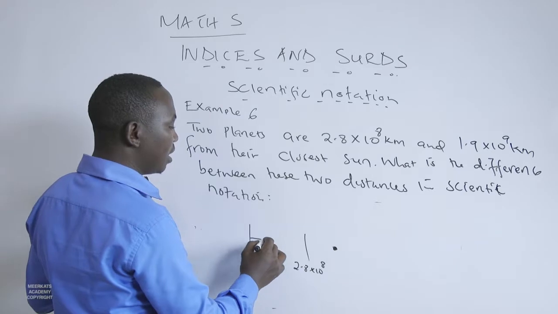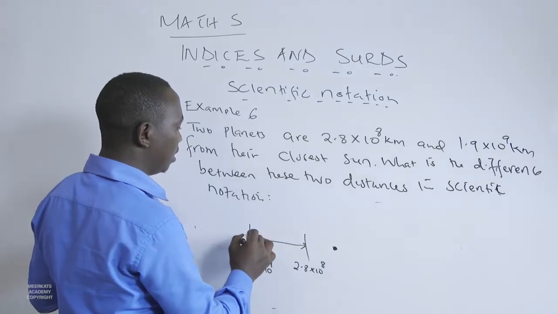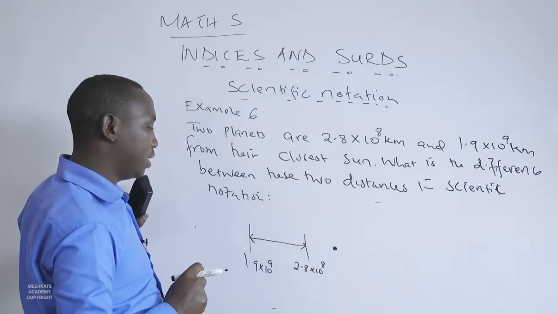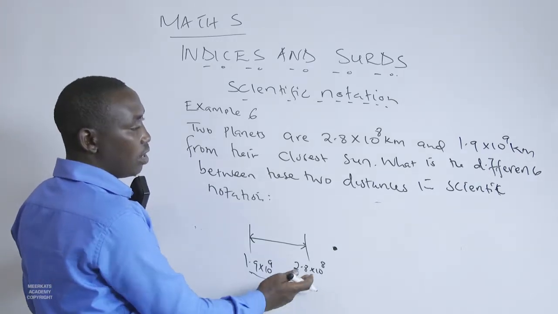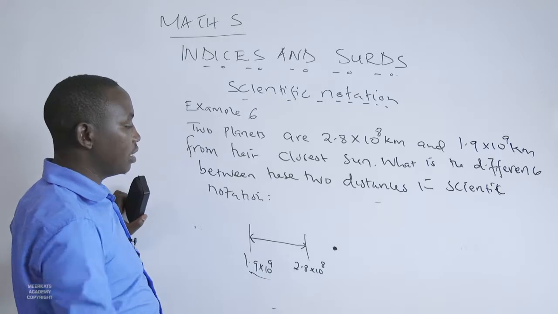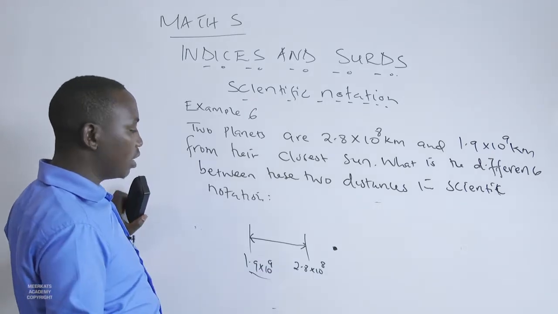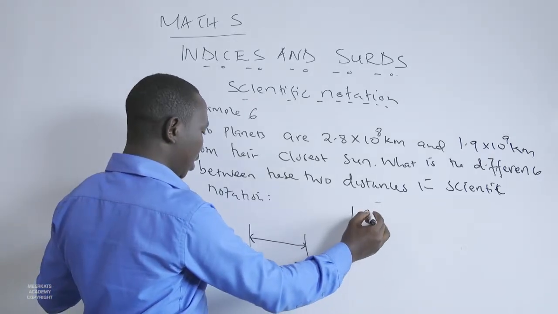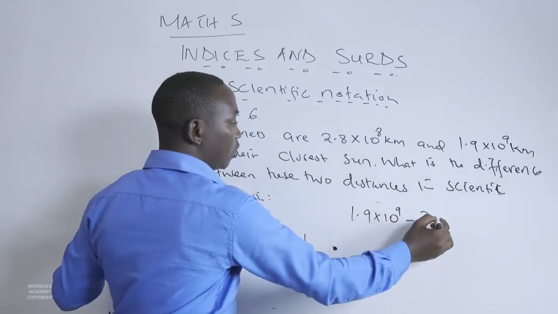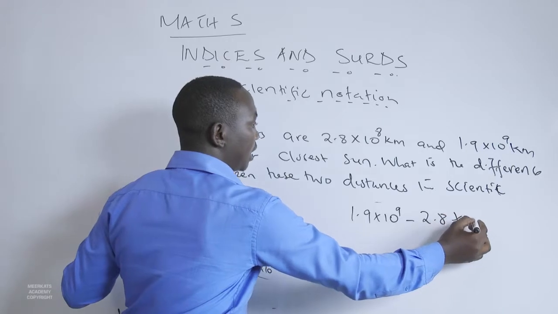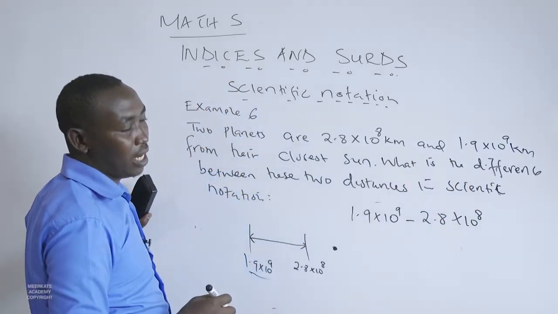That means we take the one that is very far away and subtract the distance of the closer one: 1.9 times 10 raised to 9 minus 2.8 times 10 raised to 8.